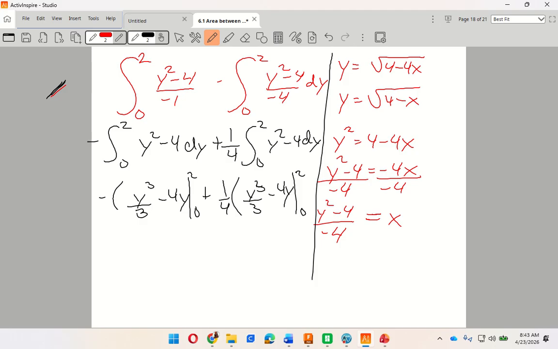And from right there, that's going to be 8 over 3. So a negative 8 over 3.